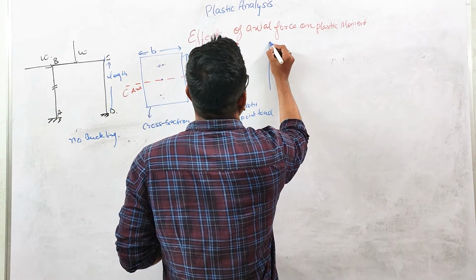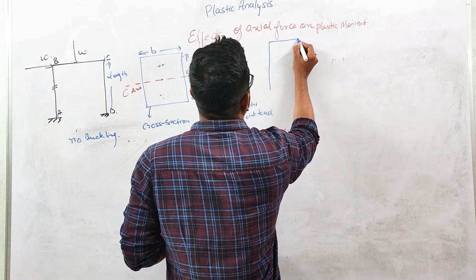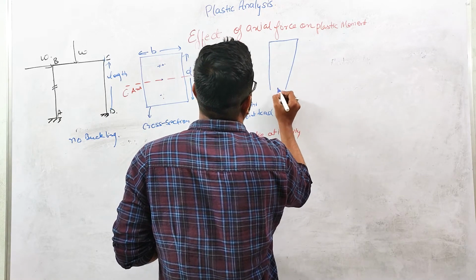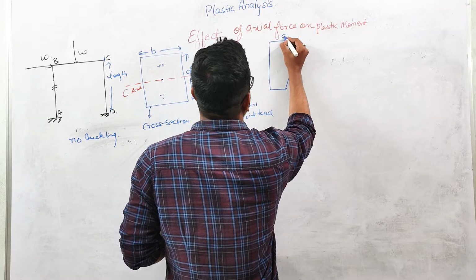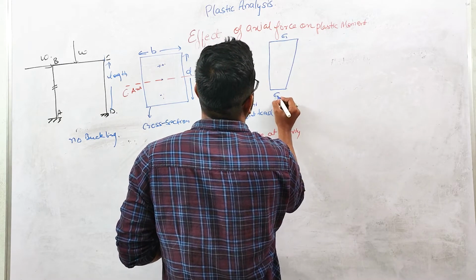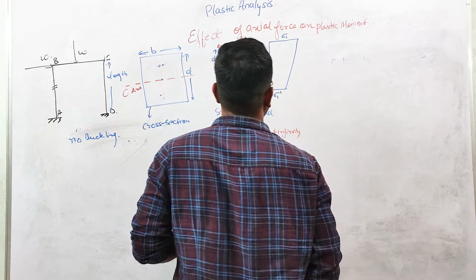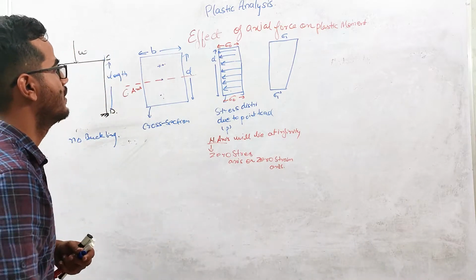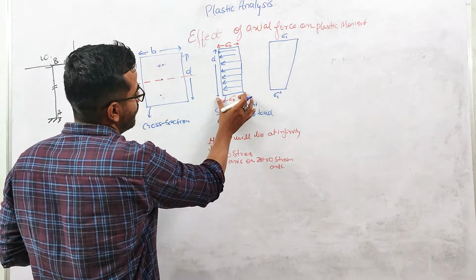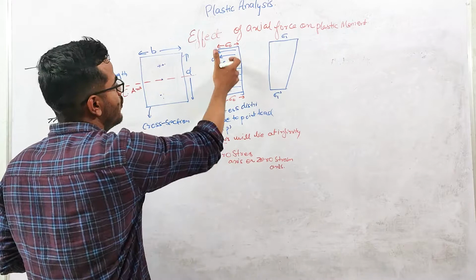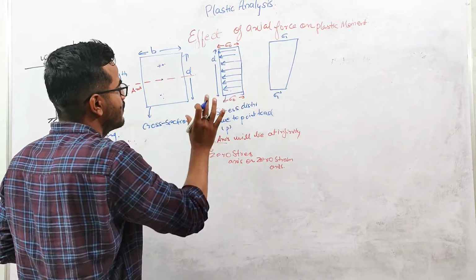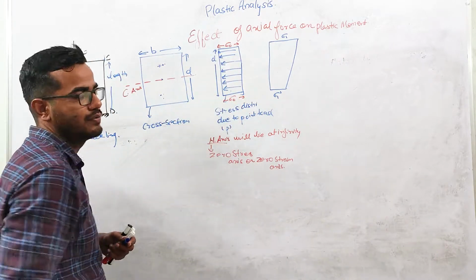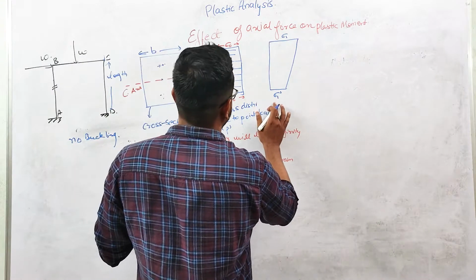It will look like this. Here you will have sigma 1, and here sigma 1 dash. At the bottom fiber, due to the moment there is tension, but initially you applied a compressive force, so at this point the stress will reduce.